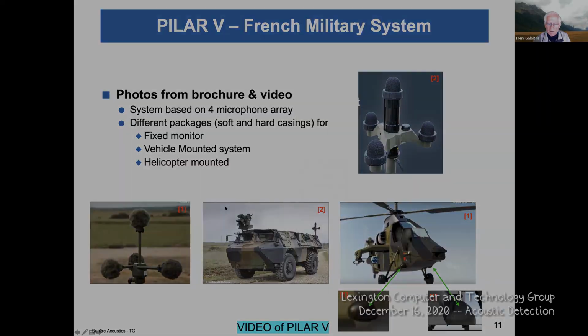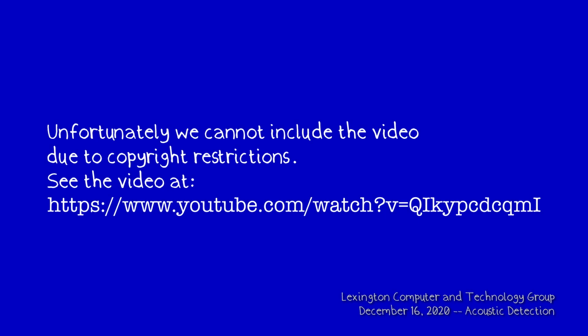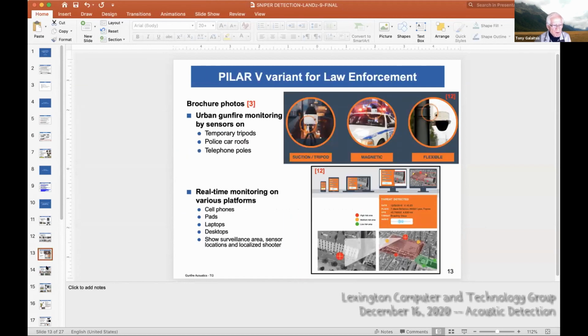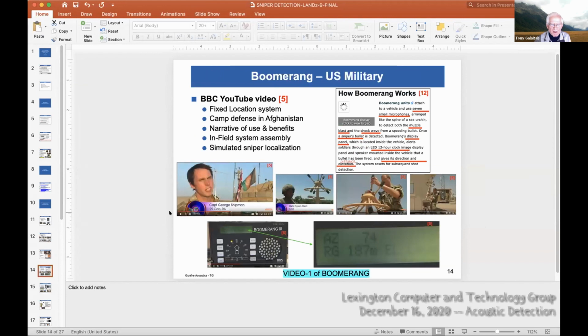I'll show you a video. So I was going to explain the French system, but somehow my videos went to the US system first. So I'm going to explain what I was going to explain later about the US system, and then I'll come back to the French system.